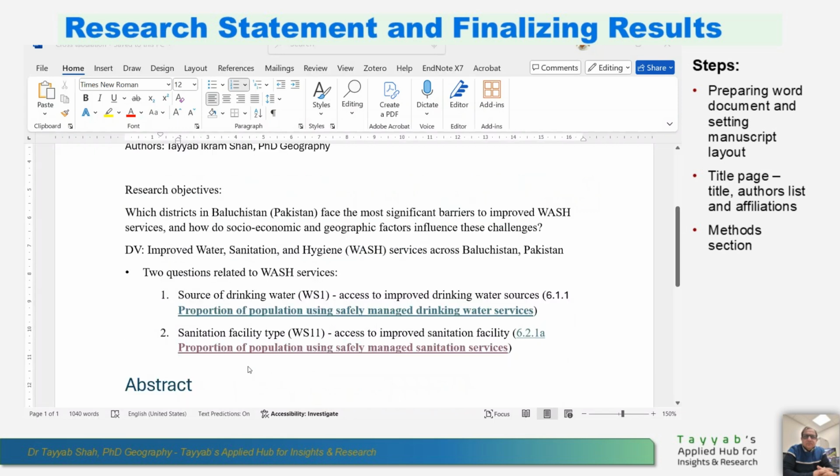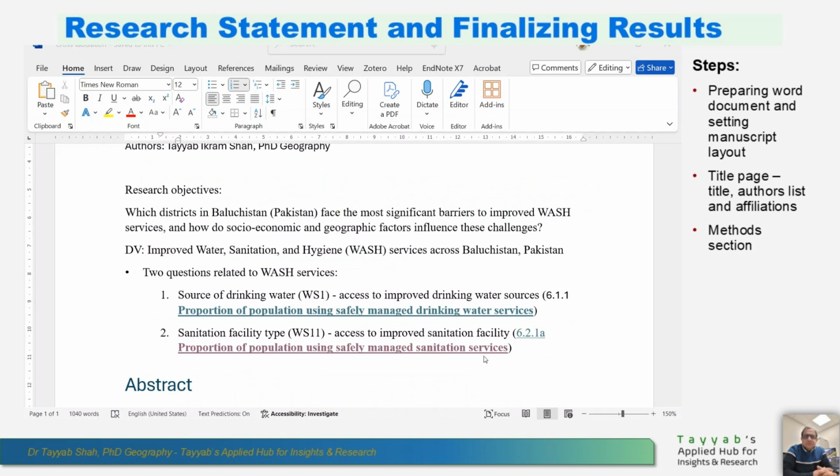There are two questions based on two SDG indicators, 6.1.1 and 6.2.1a. One is access to improved or managed drinking water services, and the second is safely managed sanitation services.